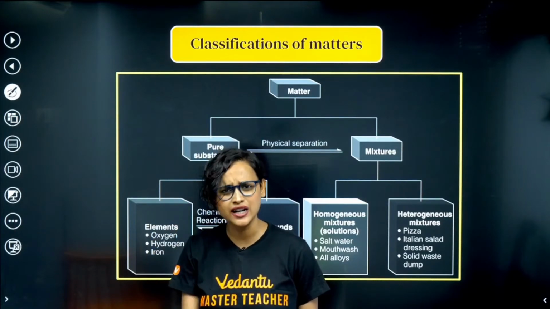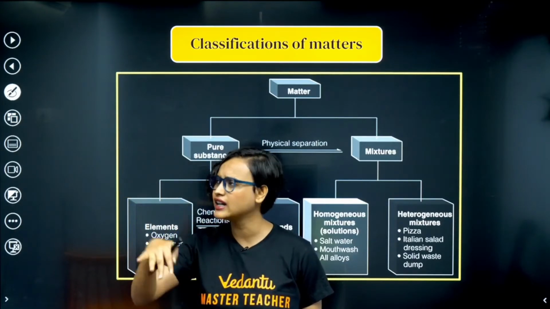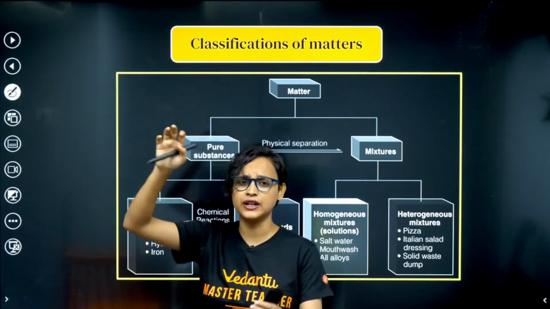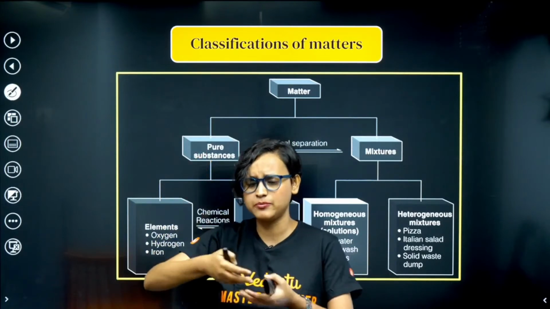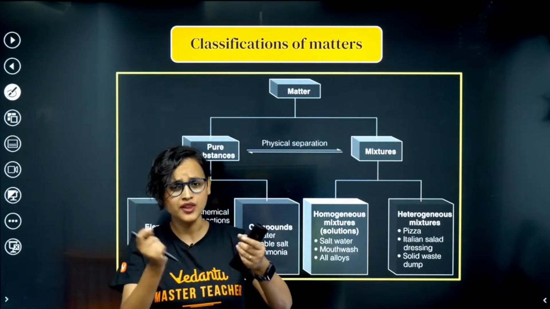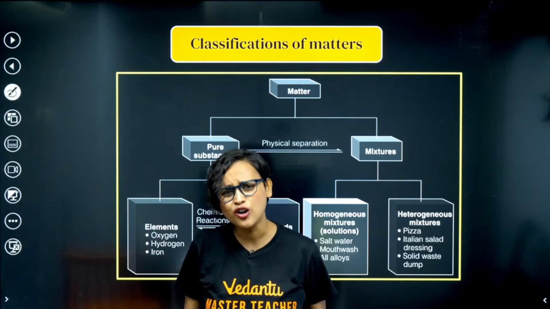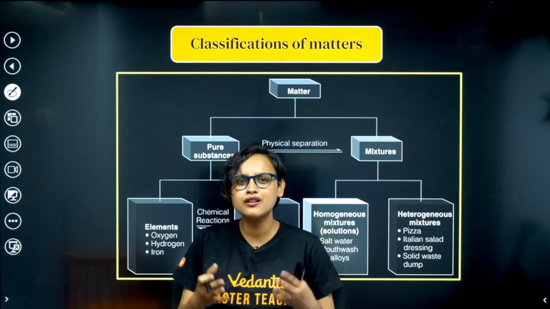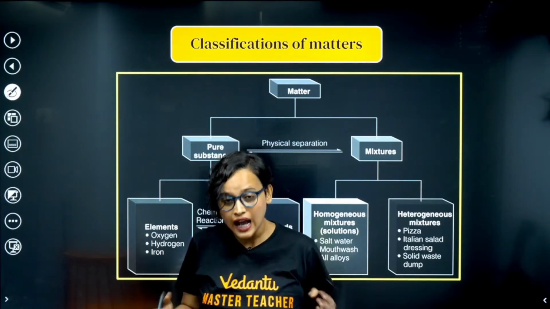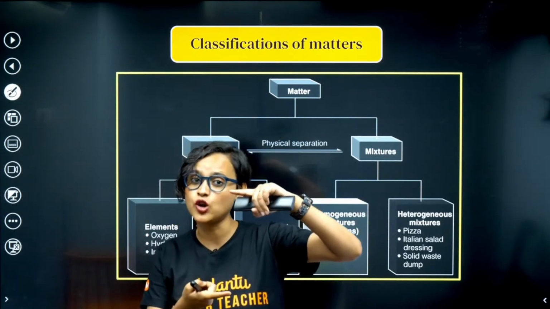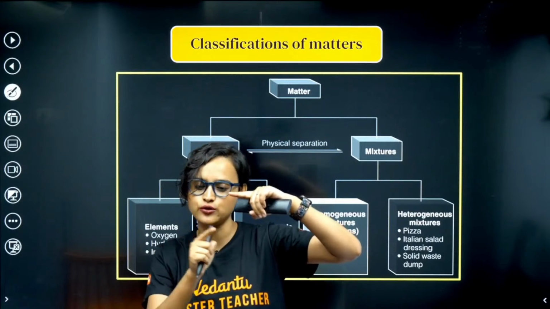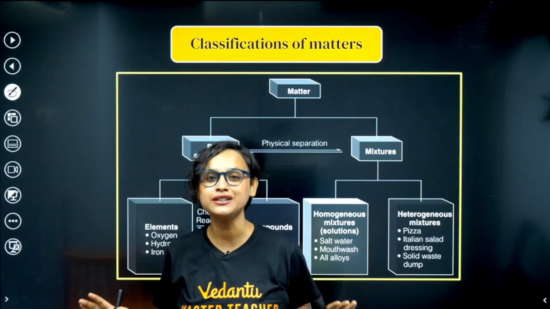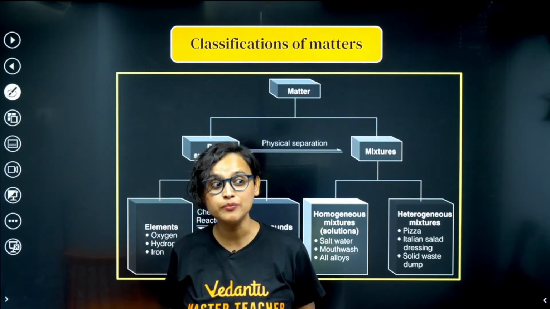I don't want dust particles in it. I don't want grains of dal in it. I don't want grains of rice in it. I don't want banana skin in it. Will I be able to drink that water? No. I want pure, simple, normal water. And I mean to say that if I take a glass of water, then it should only have H2O, H2O, H2O. Throughout the glass, it should only have H2O. That's all that I mean. And that is a pure compound.